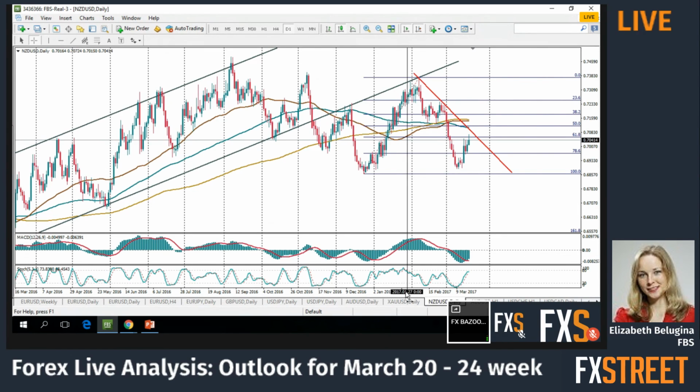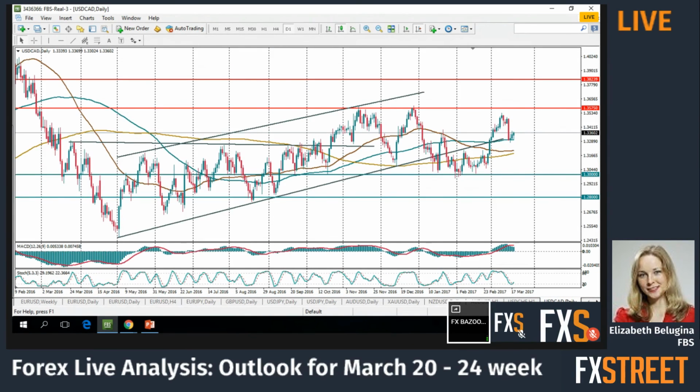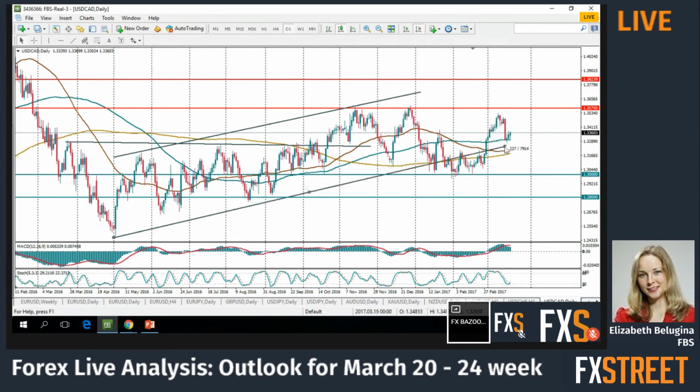Although, given the decline in crude oil prices, we can see how the Canadian dollar has been losing versus the US dollar these days.